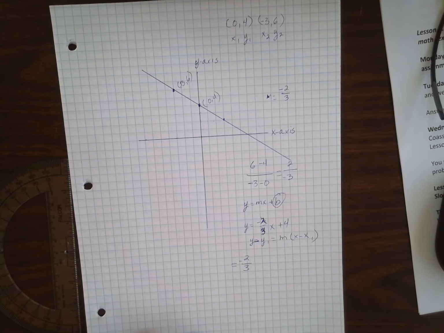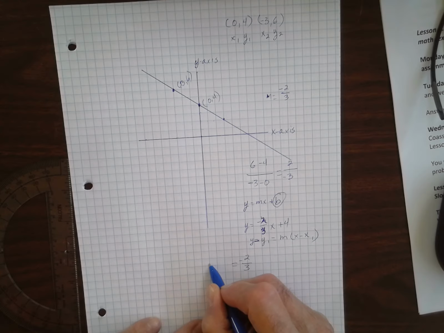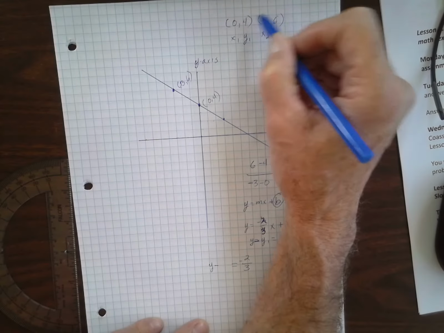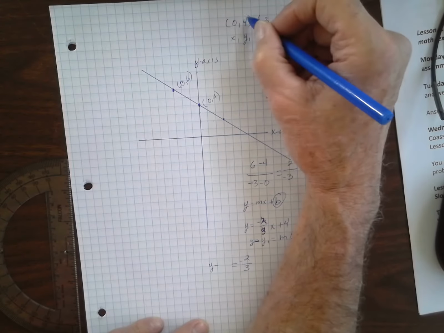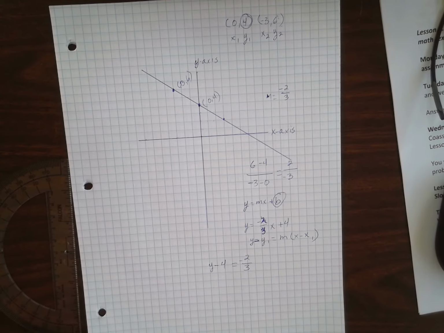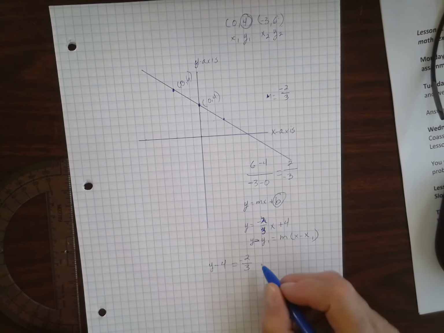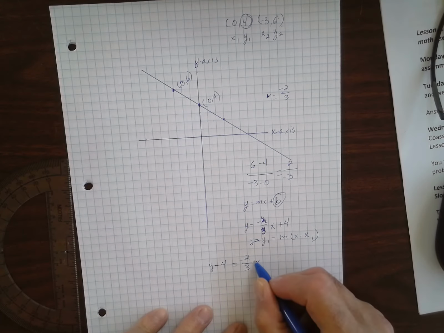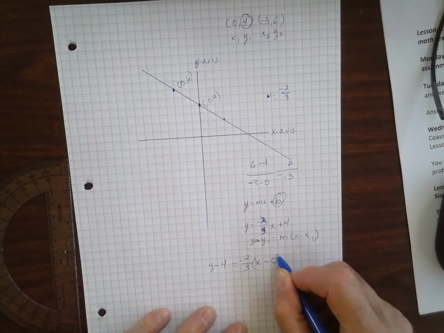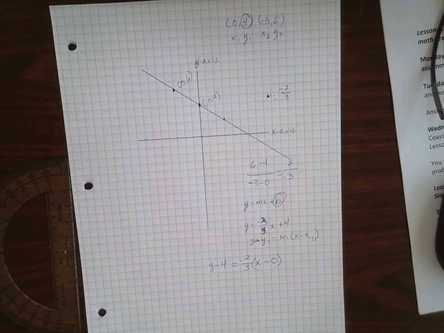So I'm going to put y minus, and I just need one of these points here. I'm going to use this point: y minus 4 equals negative 2 over 3x minus 0. Okay?